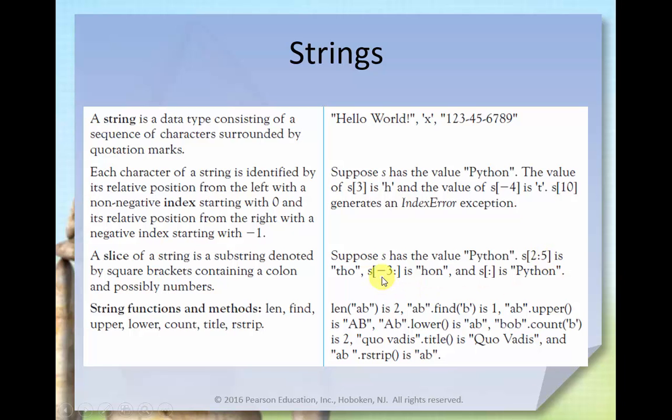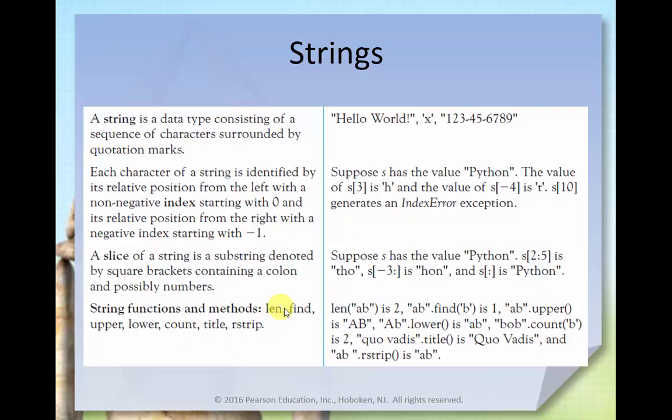Introduce the idea of moving from the right side to the left direction of the string by using the negative value, and also an idea of either the beginning or the end, or neither, which would give you the whole thing. We introduced some functions and methods.